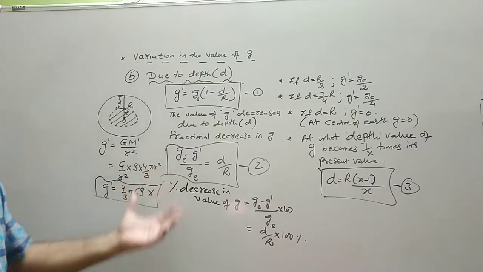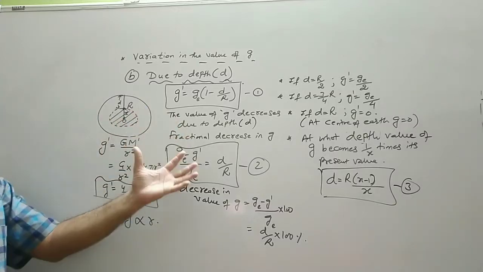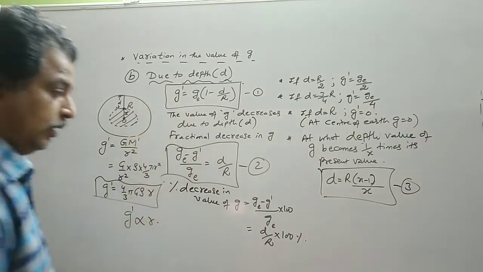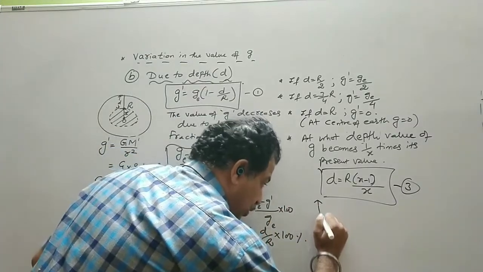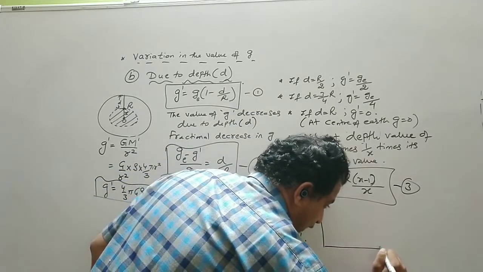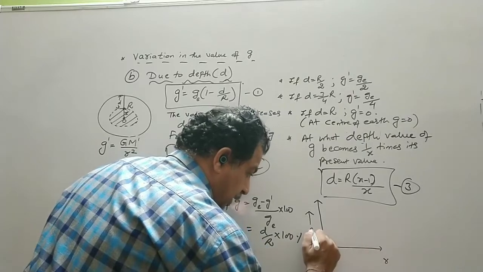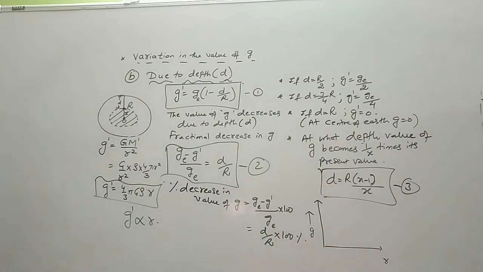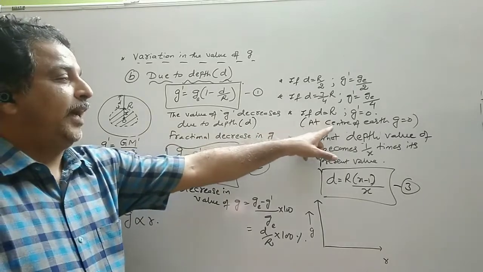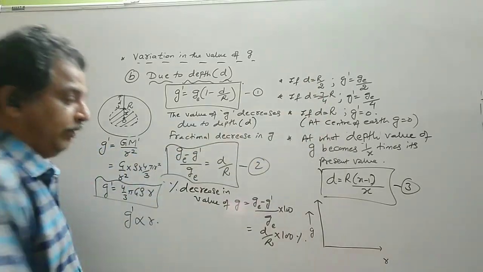So let us plot the graph of the variation of g due to depth from the center of the earth. The graph is important here. This is the value of small r. So on the axis we take the distance from the center of the earth. Now we start from this point. At the center of the earth, the value of g is 0.